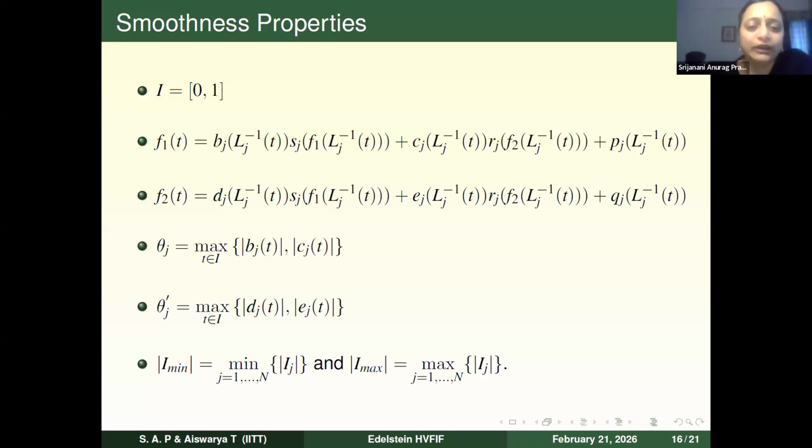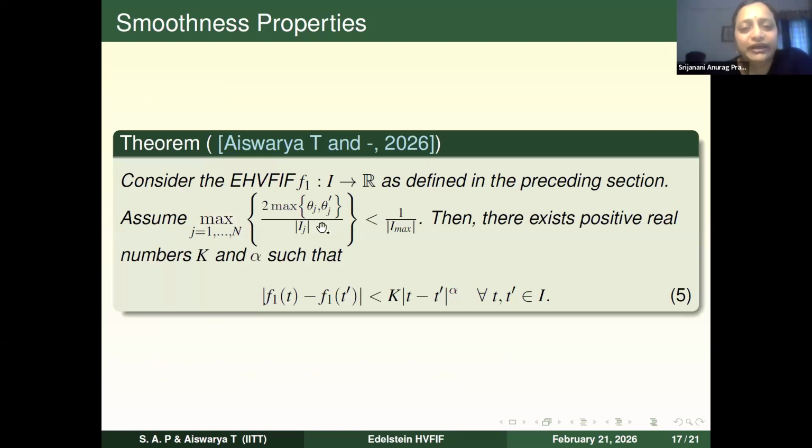Denote the minimum of all interval lengths by I min and the maximum of all interval lengths by I max. So when theta j and theta j dash satisfy this inequality, that twice the maximum of theta j and theta j dash divided by modulus of Ij is strictly bounded by the inverse of I max, then the Edelstein hidden variable fractal interpolation function belongs to the Lipschitz class with exponent alpha and Lipschitz constant k.